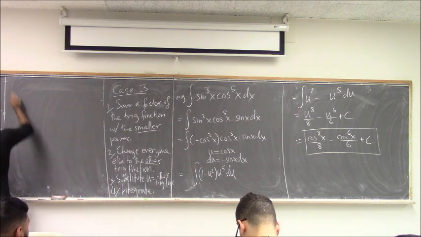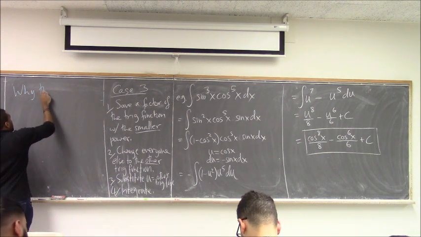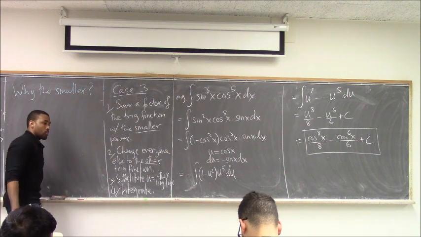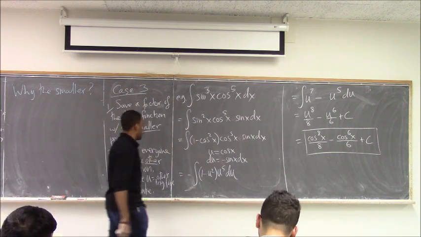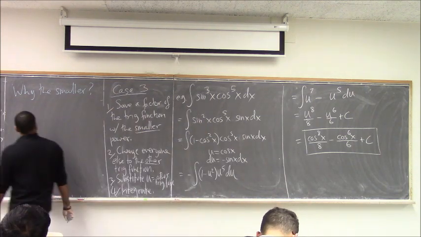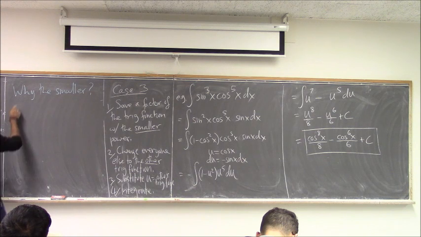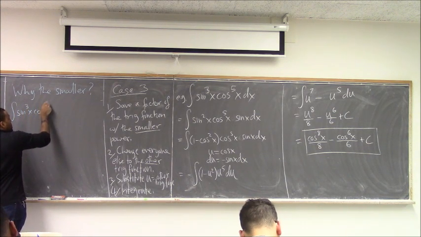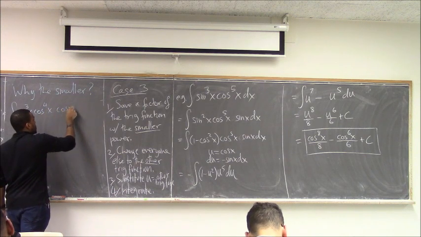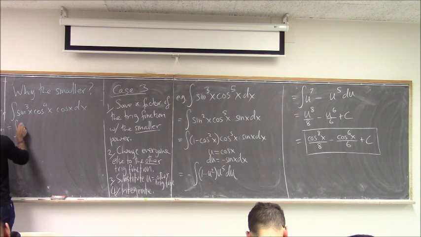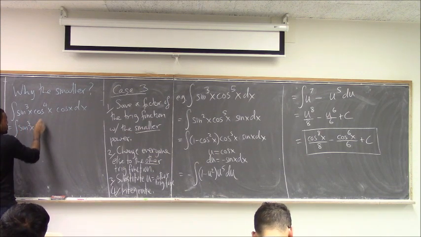Now, let's deal with why the smaller. It turns out you could actually do the opposite of what I did here. But what would have happened? Let's check it out. That's sine cubed x. Let's say I saved one of those and put the cosine at the end. I would have to change the cosines to sines.